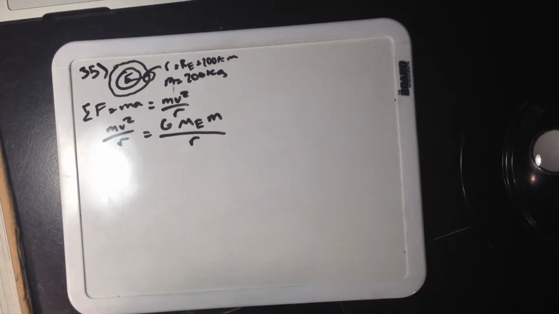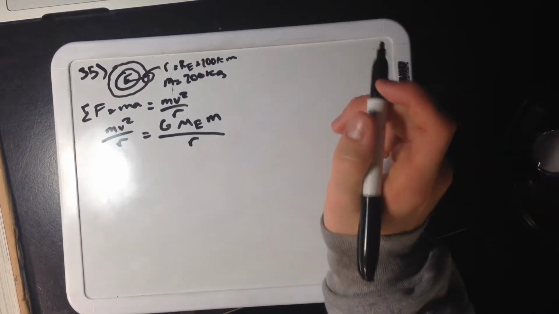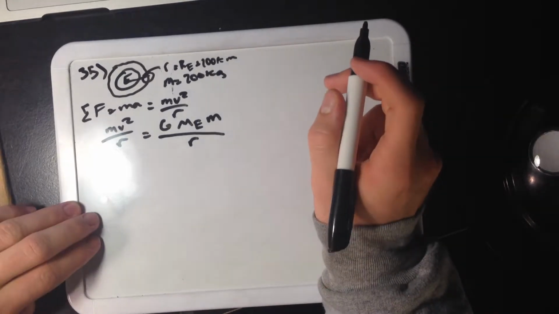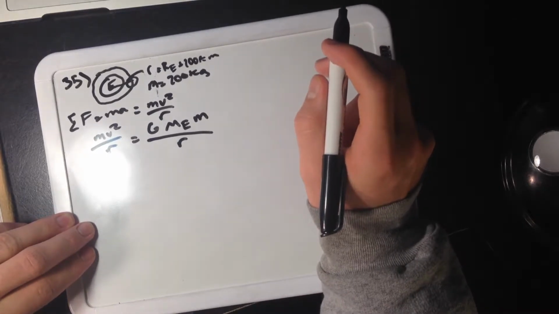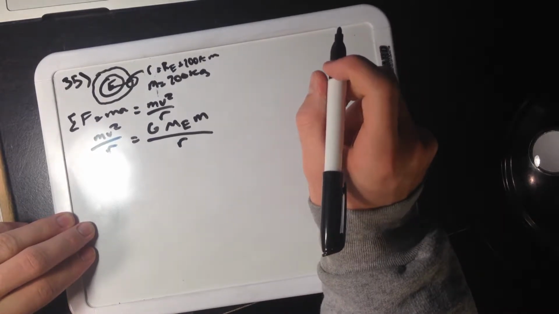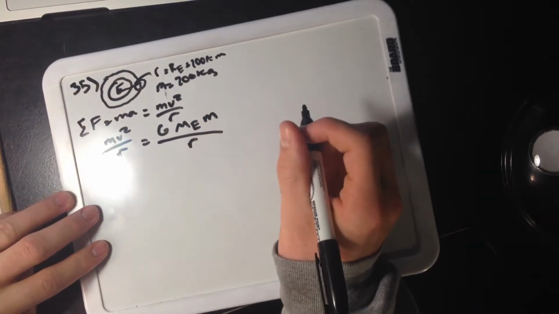And assuming a circular orbit, how long does it take? So we need to find the period, so first let's find the velocity.